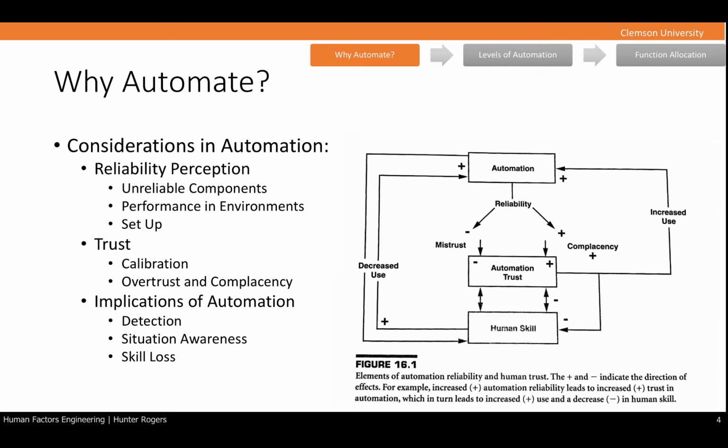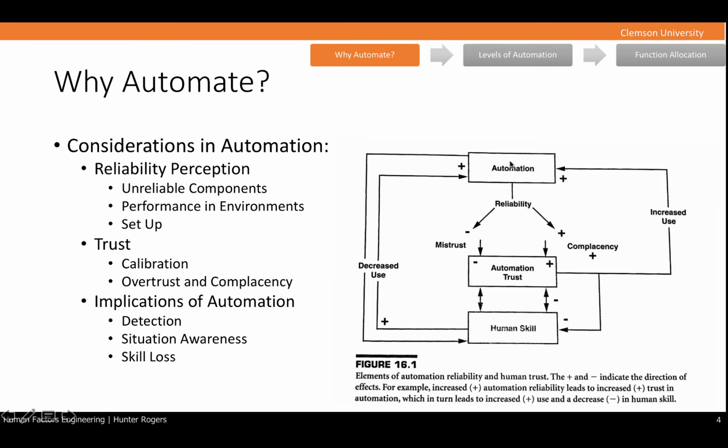This diagram here talks about the implications of automation. So here we start with automation, and then you look at reliability, that first consideration. If you have increased reliability, then you get increased automation trust and complacency, which decreases the human skill and increases use of the automation, but then you have decreased human skill, so that's where that minus sign comes from.